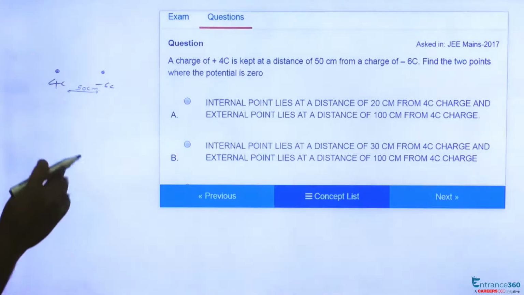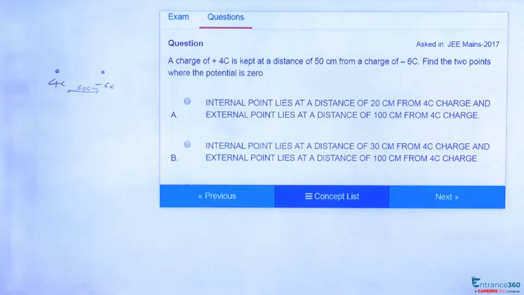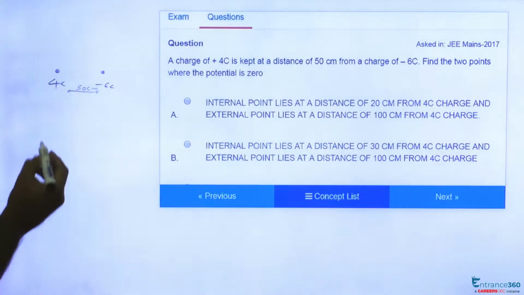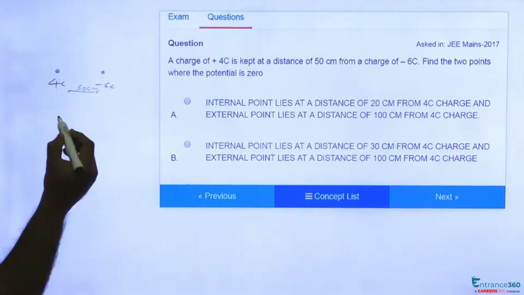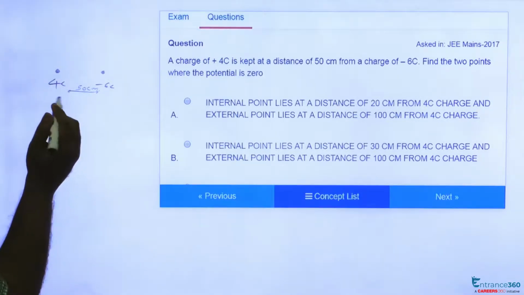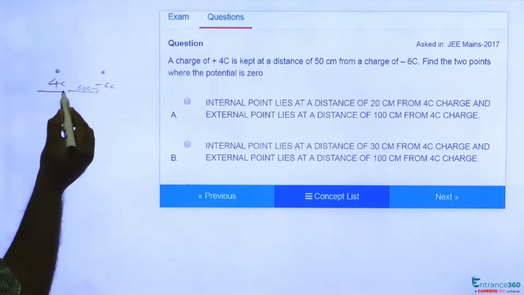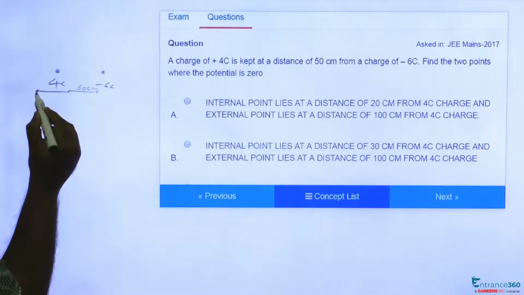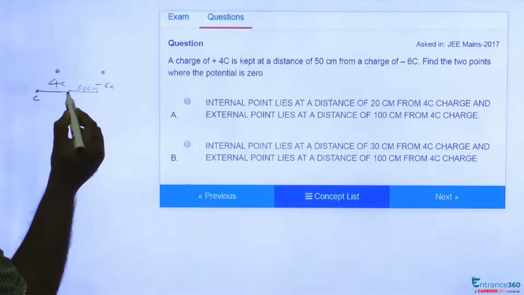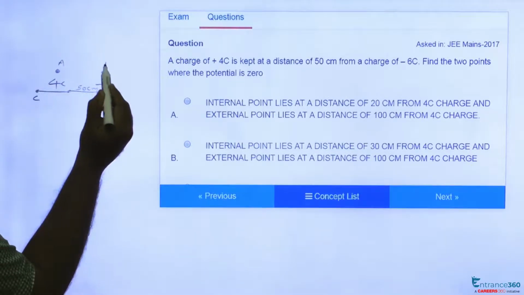Let's say at a point near to 4 coulomb, that is, 4 coulomb has less magnitude, we have potential equal to 0. Say this point as C. Say this is lying at A, this is lying at B.